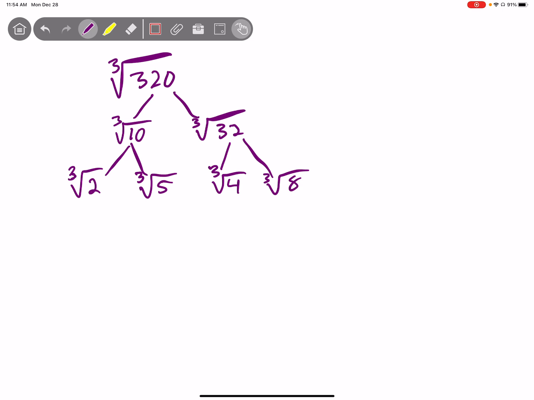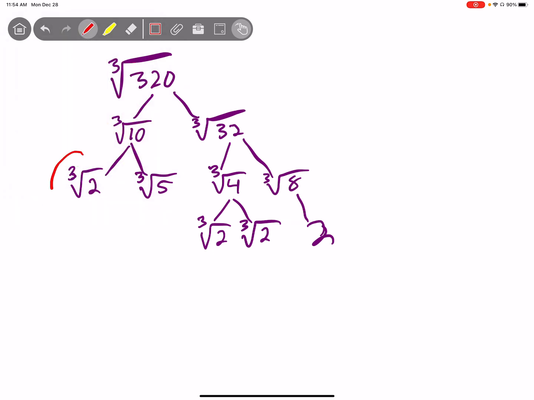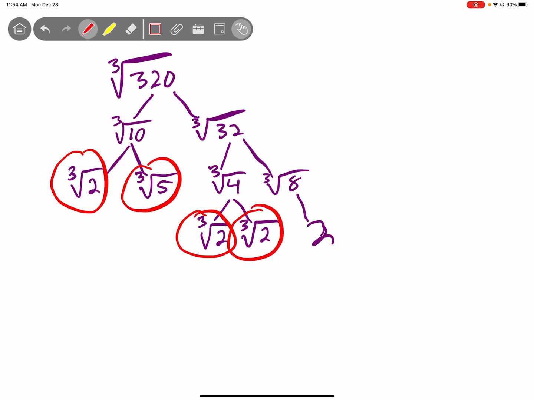Well, 2 and 5 are prime numbers, so I'm going to leave those alone. 4 can be broken down into cube root 2, cube root 2, and cube root 2. And then 8, the cube root of 8 we already know is just 2. Okay, now we have a bunch of prime roots, so I'm going to circle them. And we have our whole number answers.